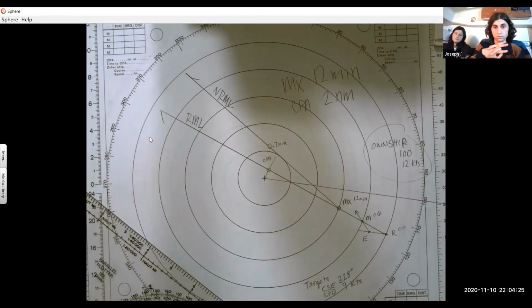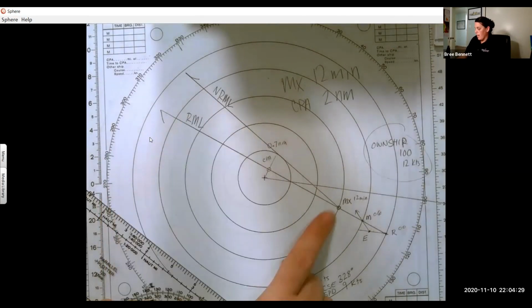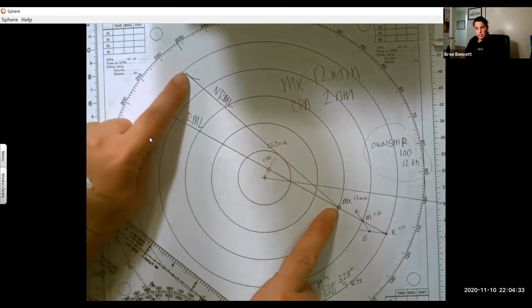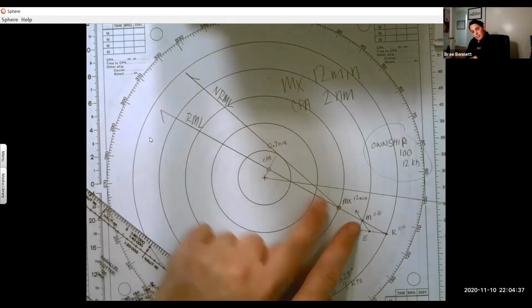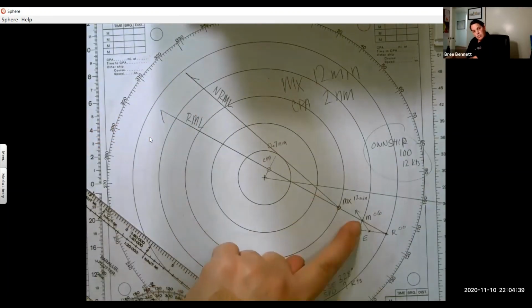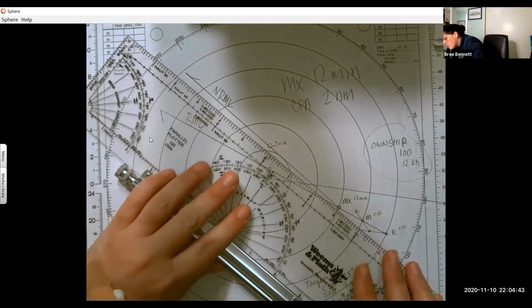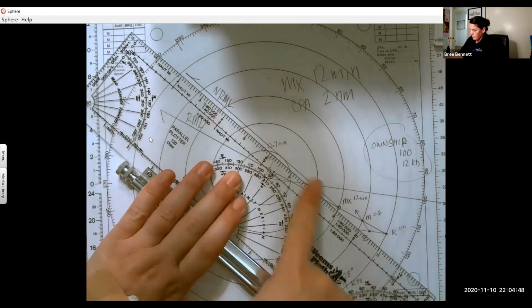Then your next step is to move this new relative motion line. From your MX, it goes this direction. We want to move it back to the original M and draw it in this direction. So I'm going to parallel. This is my new relative motion line.